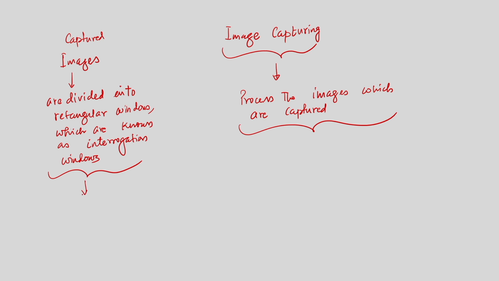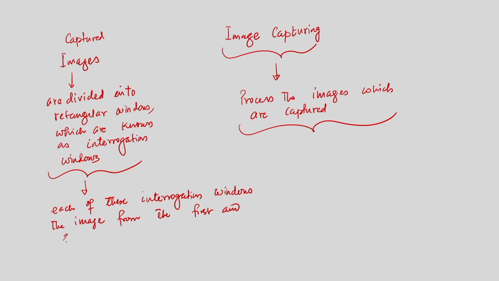So, for each of these interrogation windows, the image from the first and second pulse of the light sheet are correlated to produce the average particle displacement vector.